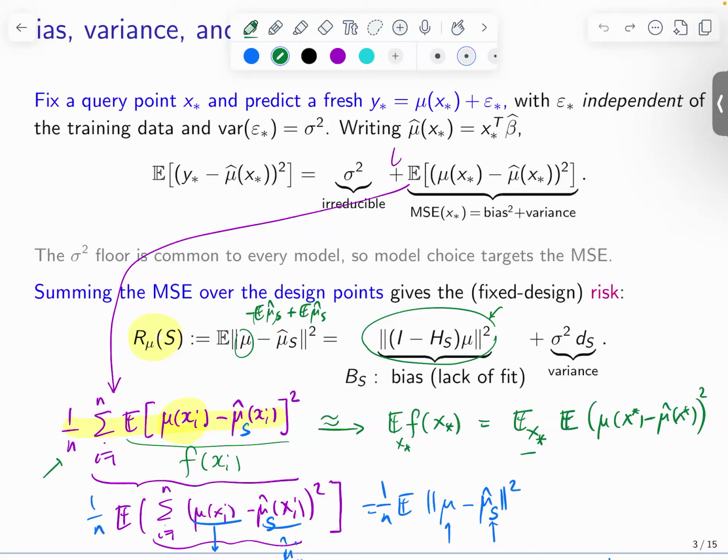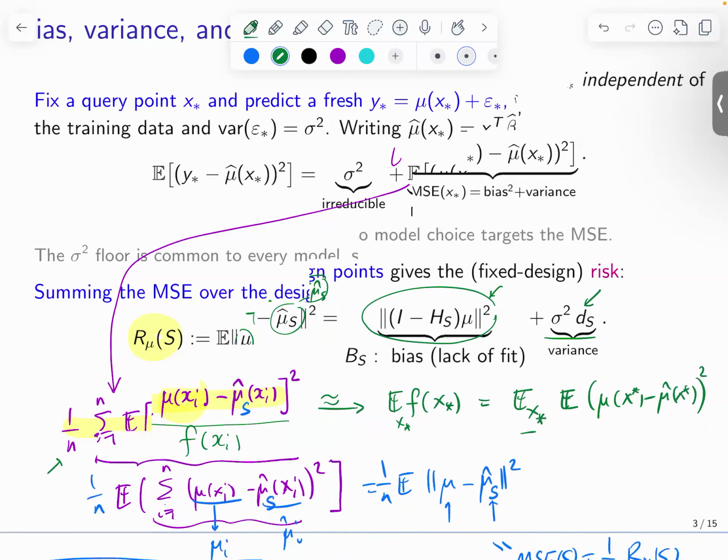And then the expectation of mu hat S minus itself, squared, is the variance. So this quadratic risk decomposes into the bias, or you can think of it as lack of fit, and the variance. And you can see this variance is going to grow as you add more predictors.